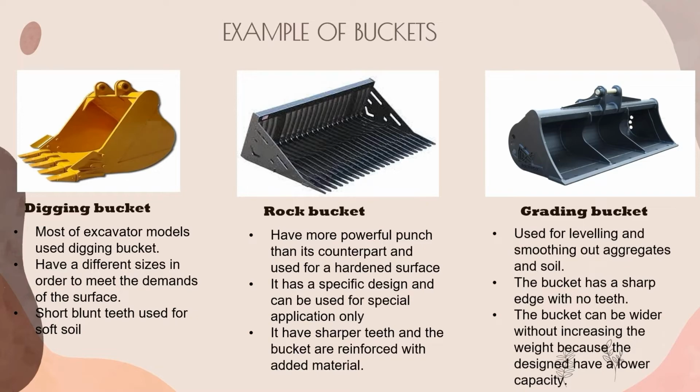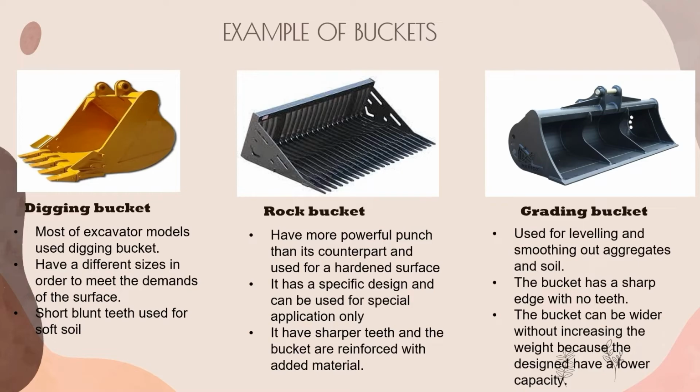Bucket number 2 is the rock bucket. The rock bucket has a more powerful punch than its counterpart and is used for hardened surfaces. It has a specific design and can be used for special applications only. It has sharper teeth, and the bucket is reinforced with added material.